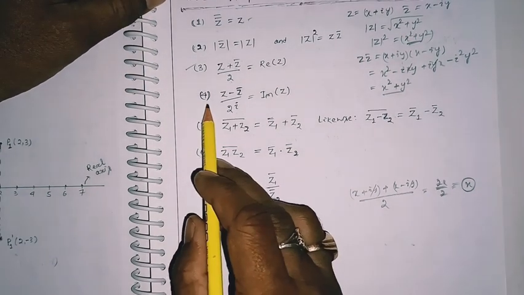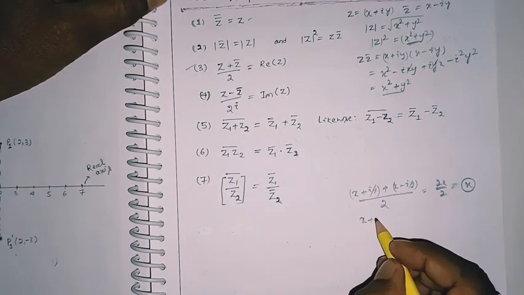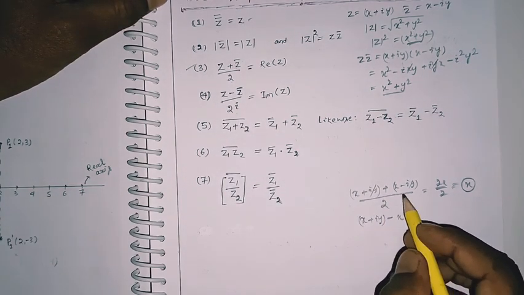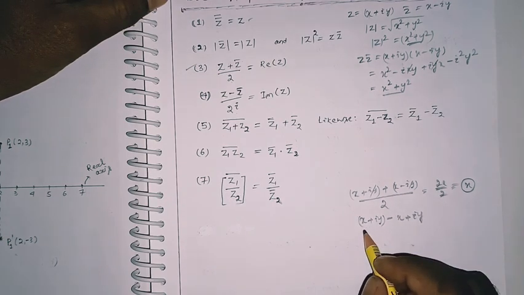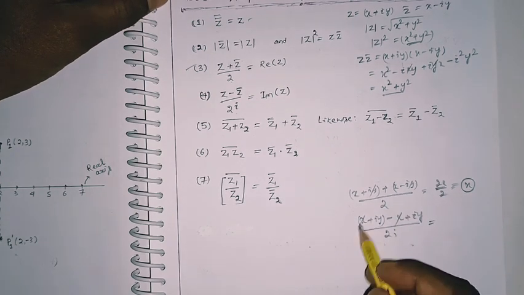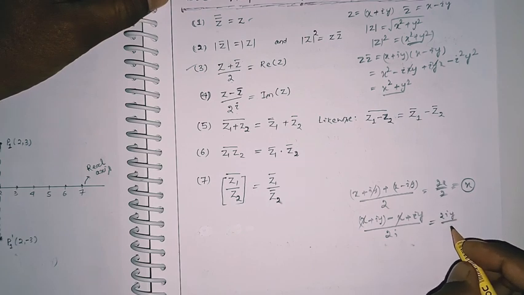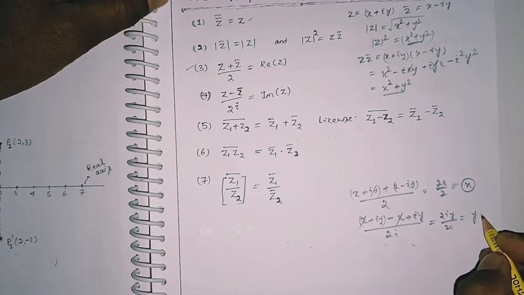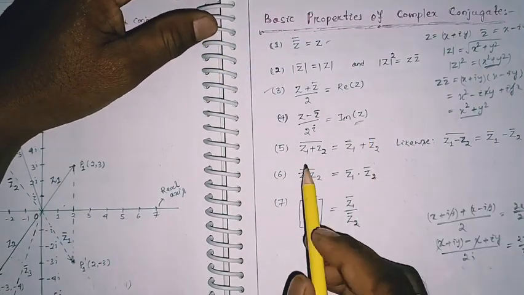If we consider the fourth property, z minus z bar, it will be x plus iy minus x, and with the minus sign, plus iy, divided by 2i. That means x minus x cancels, and this will be 2iy by 2i, which is y, nothing but the imaginary part of the complex number.